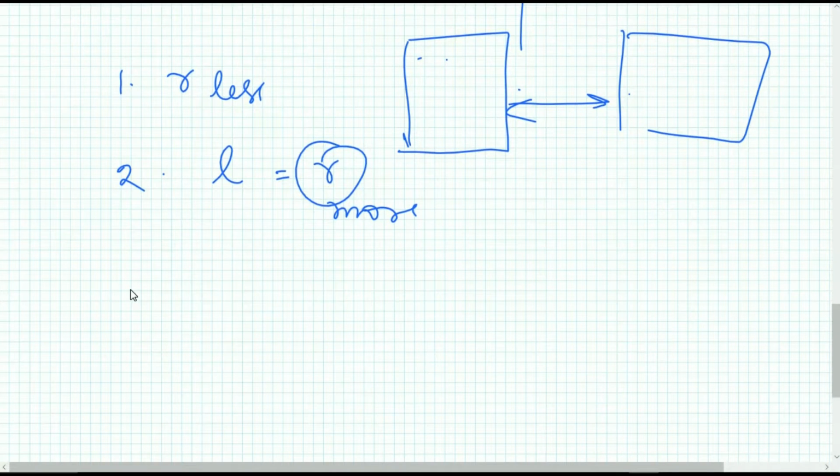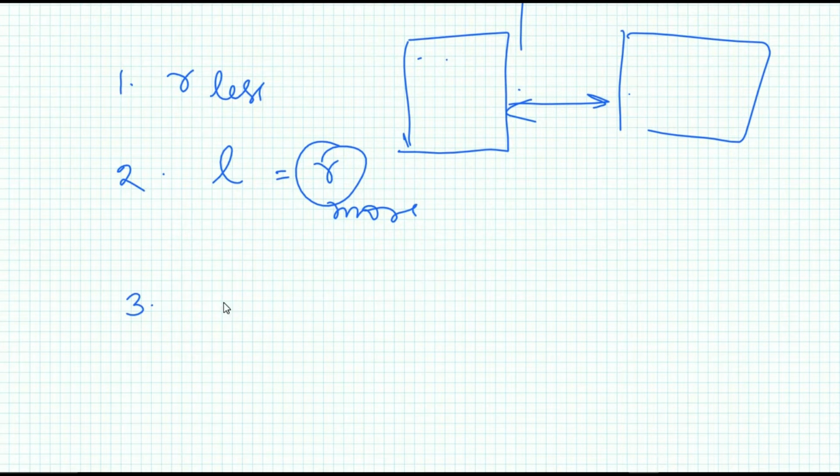The next factor is the concentration of the electrolyte. Suppose the electrolyte of the cell is very dense, that means highly concentrated, then the resistance of the cell will be more. That means internal resistance depends on the concentration of the electrolyte.